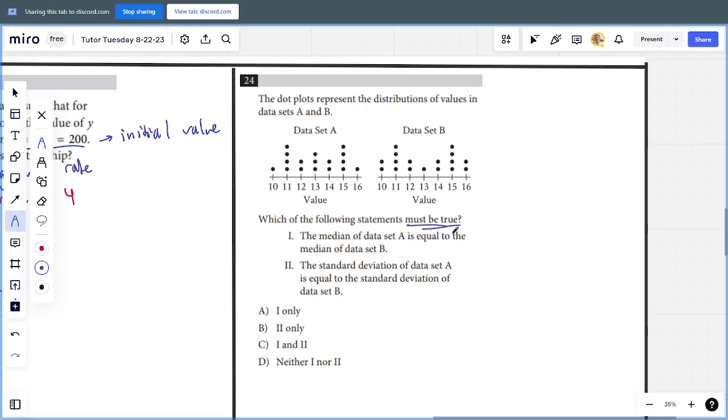Number 1, the median of dataset A is equal to the median of dataset B. Alright, do you guys think that's true or not? Let's evaluate 1. I'll let you think about this first one. And then number 2, the standard deviation of dataset A is equal to the standard deviation of dataset B.